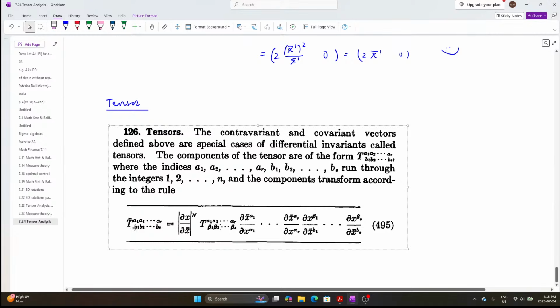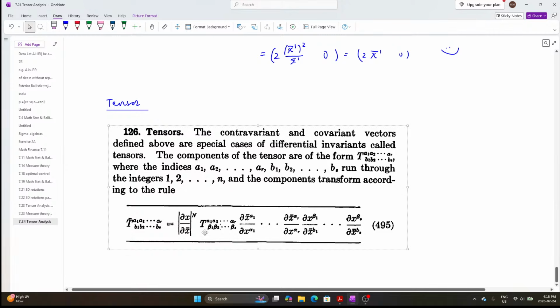This monstrosity, I know. But let's describe this verbally. On the left-hand side, we have the components of the tensor T in the new coordinate system. On the right-hand side, let's first ignore this factor and just take a look at the rest.